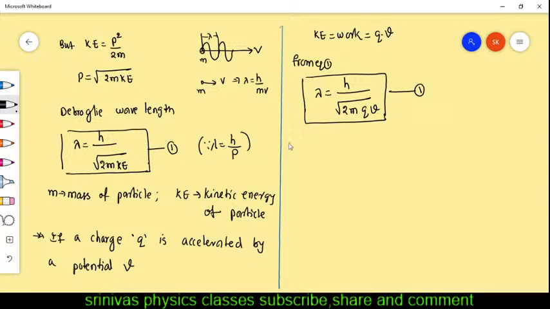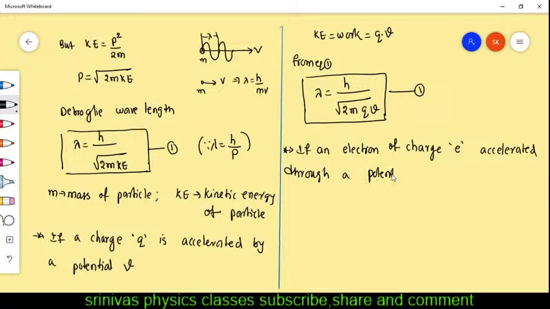Then if the charge is an electron, if an electron of charge e is accelerated through a potential v, then what can we write?